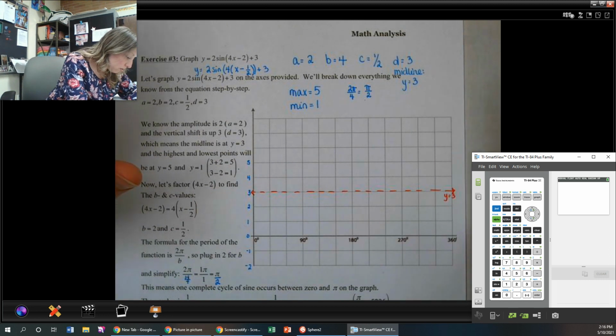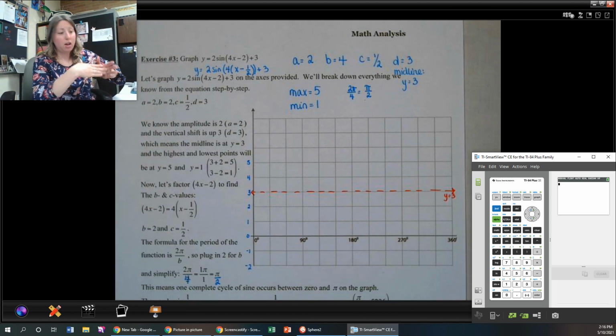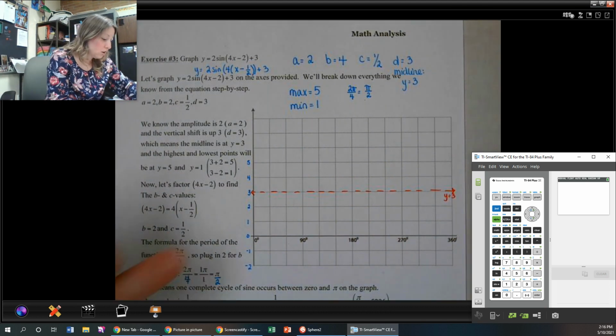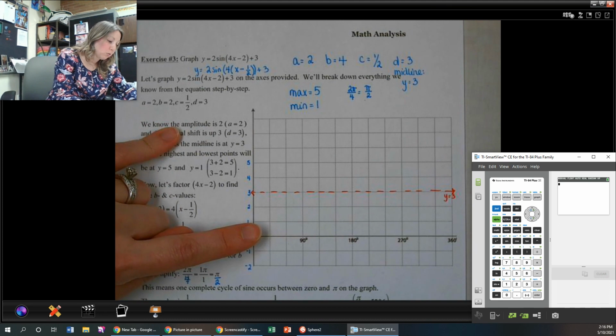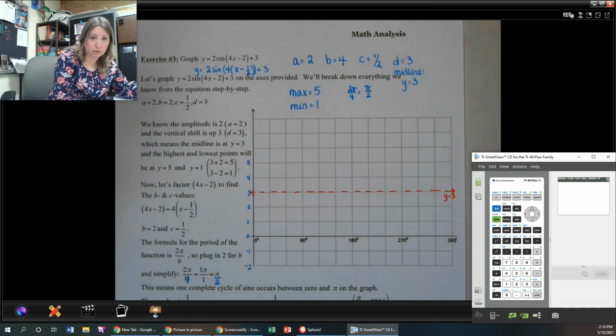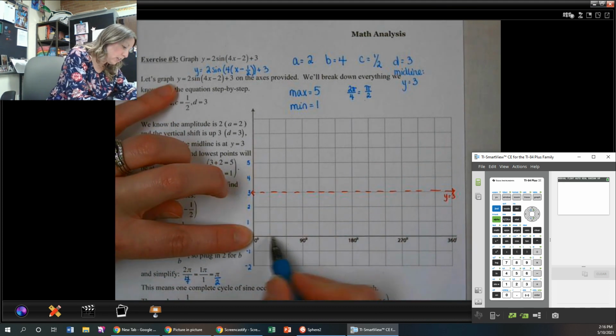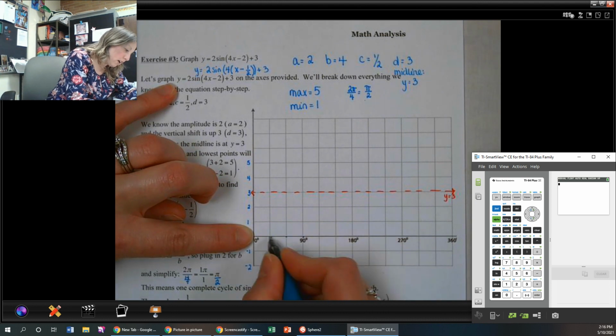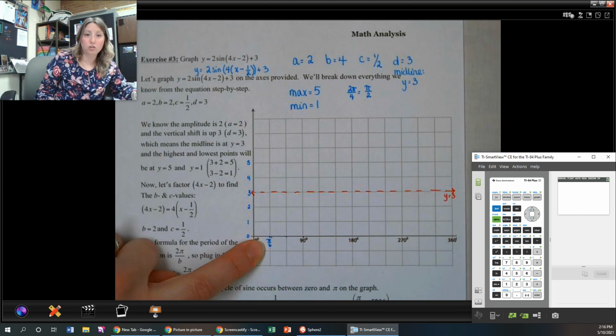And now our C value is 1/2, meaning we start 1/2 over on the x-axis. So that's actually approximately pi over 6, meaning if this is 30, 60, 90, okay, here is your pi over 6 start, or 30 degrees.